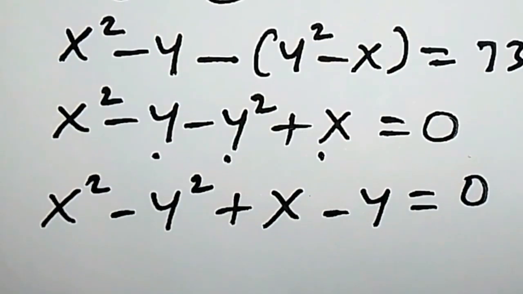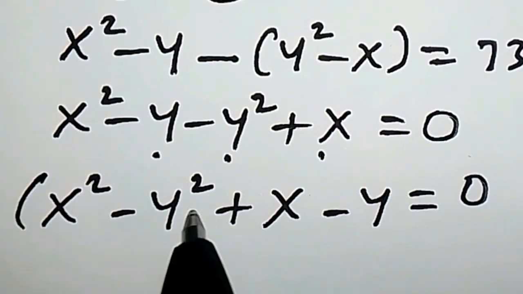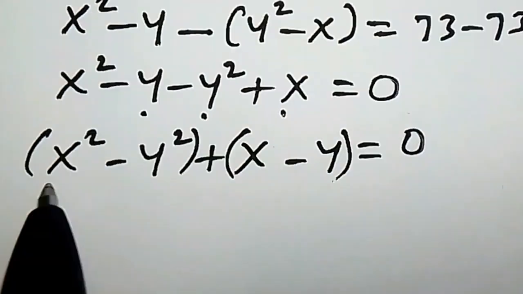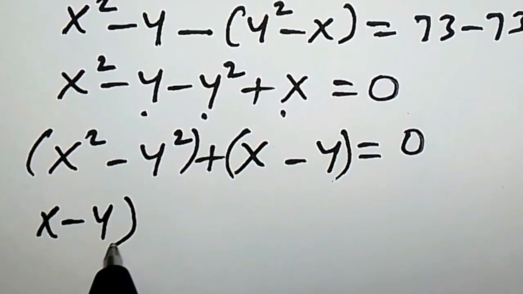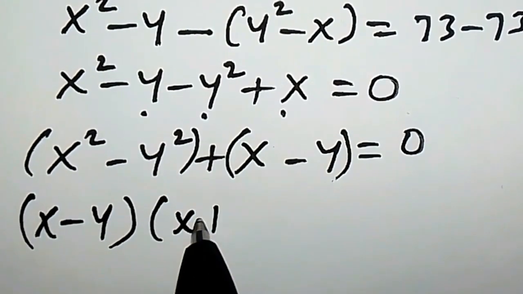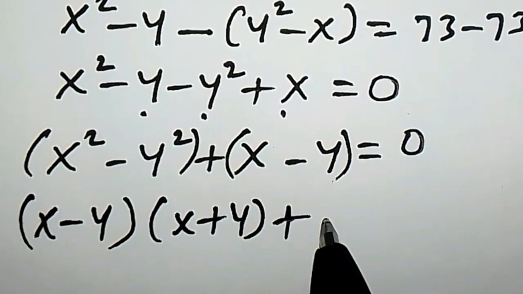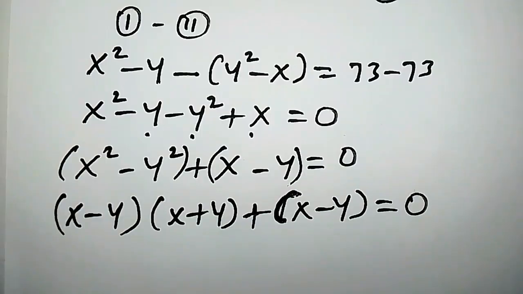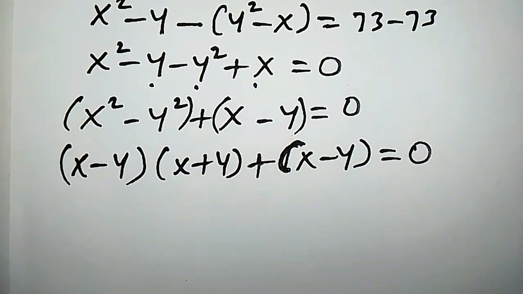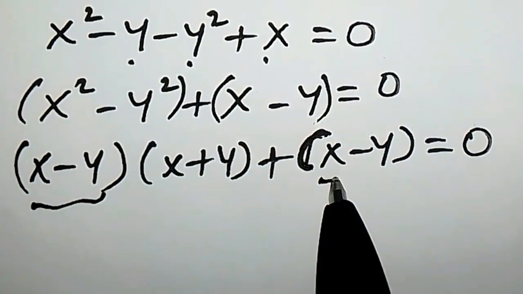But you will observe that we can just put these in brackets. x squared minus y squared is an identity, and we can write it as x minus y times x plus y, plus x minus y equal to 0. Let's continue. You will notice that x minus y appears twice.